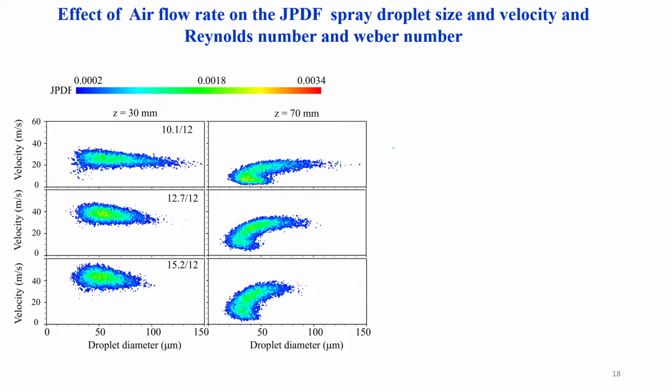Here we can see, at z equal to 30 mm, we have only a unimodal distribution. Here we can see a bimodal distribution. We can see two peaks here. So this is the unimodal distribution, and here we can see the bimodal.